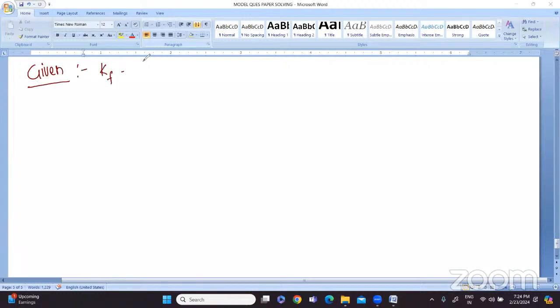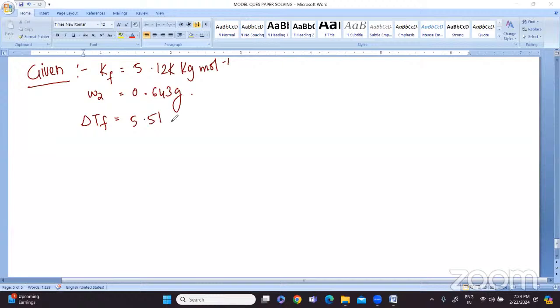Kf value is given, that is 5.12 Kelvin kg per mole. Then W2, the weight of the solute, is 0.643 grams. Then the freezing point goes from 5.51 to 5.03.